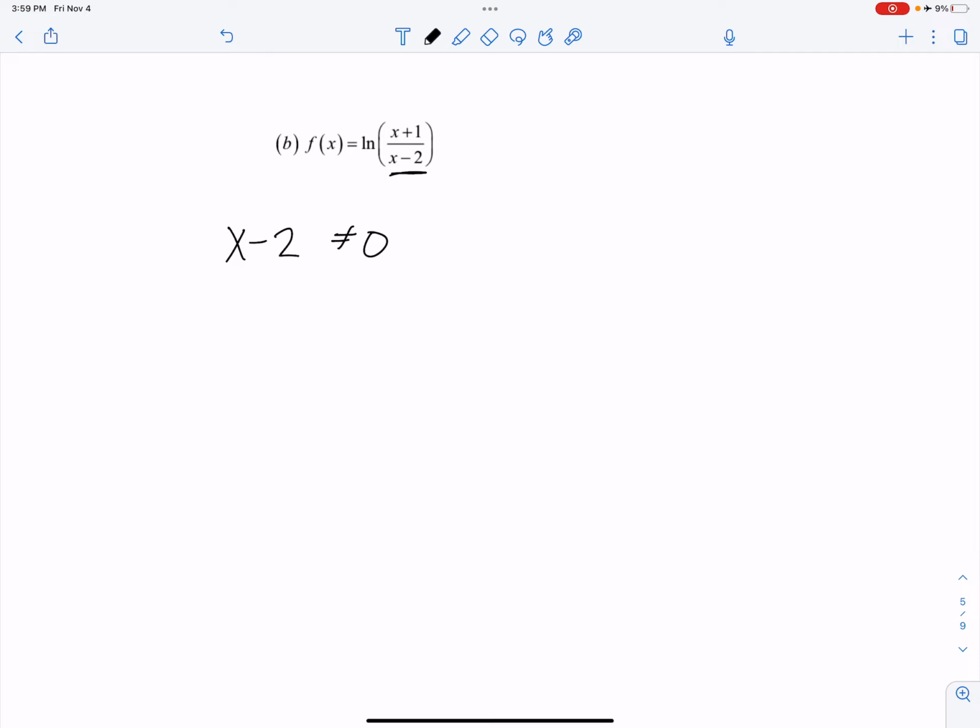We just don't want that to happen. So x cannot equal 2. This is important for us. It gives us one piece of what we're looking for. Now we're going to keep looking for the rest of our problem. We know that (x plus 1) over (x minus 2) needs to be greater than 0, just like before.